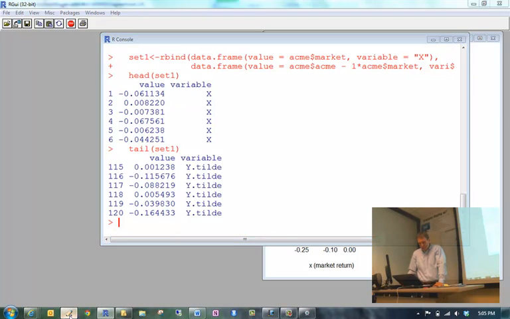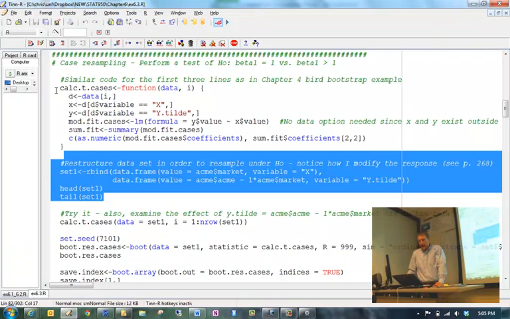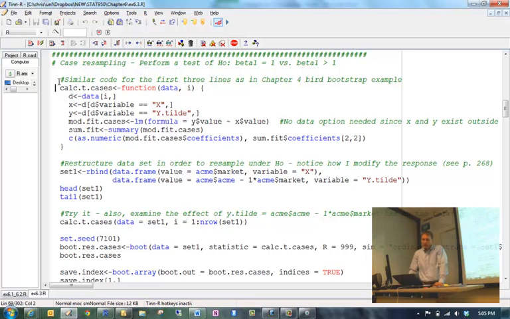Okay. Now once I have that, let's form my calc.t function. So calc.t.case is function, data, and my index. When I do my resampling, I'm going to use stratified resampling. I'm going to tell R, remember there are 60 observations, to resample from the first 60 in this restructured data set, and then resample from the next 60 in this restructured data set.